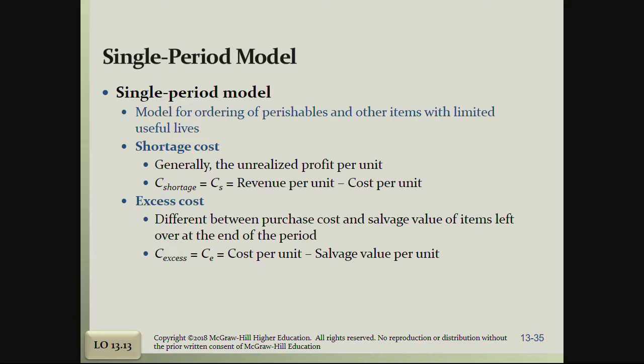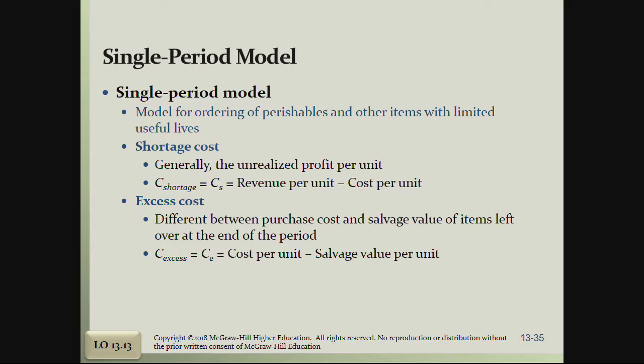So it's very easy to estimate. It's the revenue per unit minus the cost per unit. Think about if he purchased the Wall Street Journal at 50 cents per unit and sells at $1 per unit. Then what is the shortage cost for this newsboy? $1 for the selling price, 50 cents for the cost.